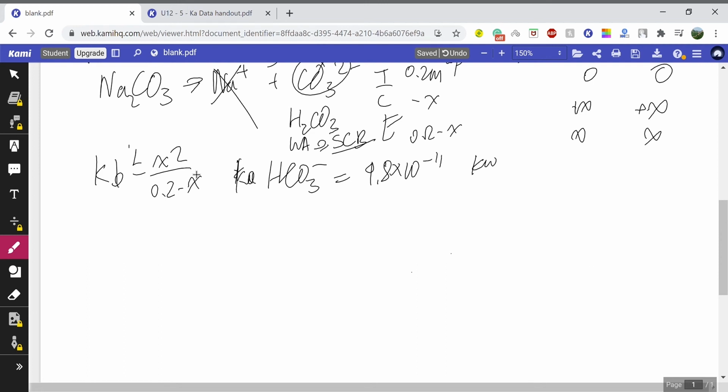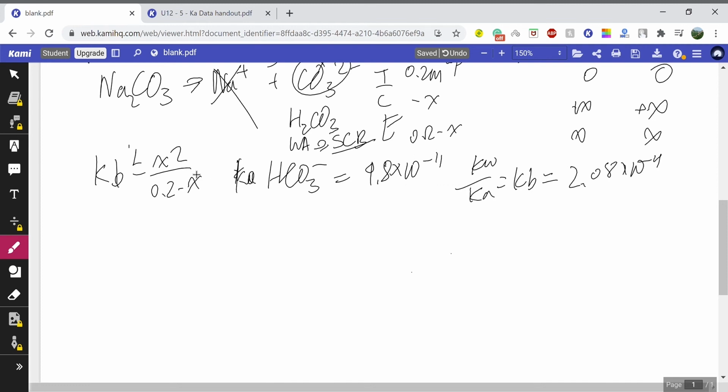Now if we do Kw divided by Ka equals Kb, we can find our Kb as 1.0 e to the negative 14th divided by 4.8 e to the negative 11th, which will give us 2.08 times 10 to the negative 4th.